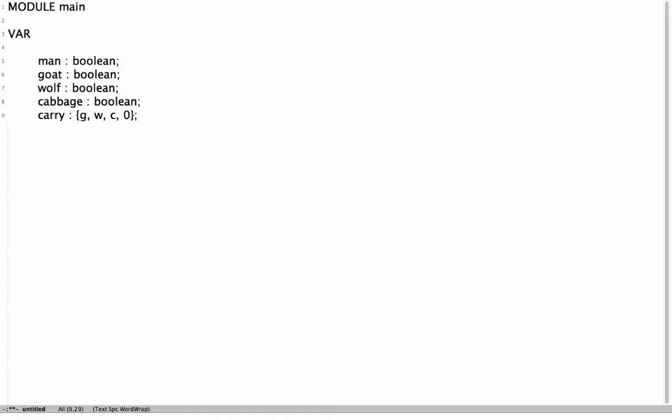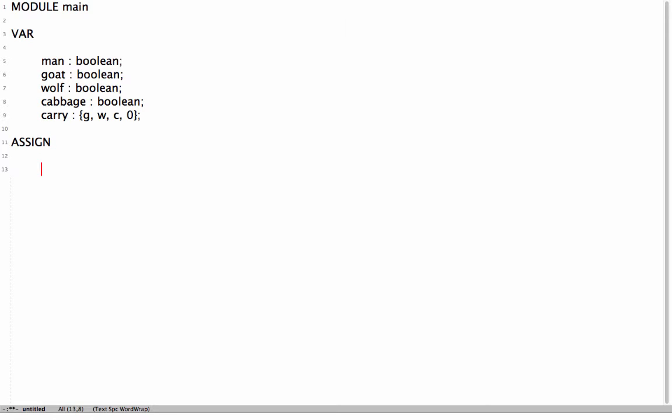These are the variables. As usual in the NuSMV code, after declaring the variables, we need to assign their initial and next values. Let's say that initially all of them are on the left bank. So remember that here we have to say false. It takes true or false.